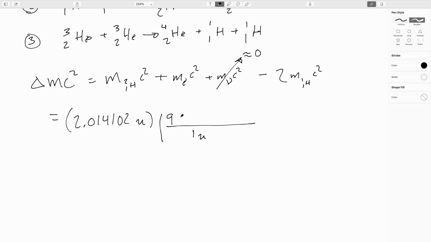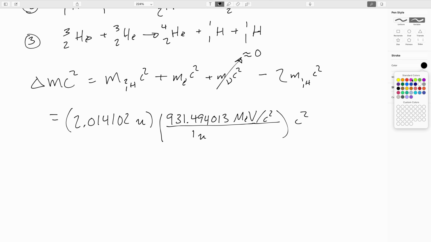An atomic mass unit in MeV over c squared, remember that's a unit of mass that we already saw, is 931.494013 mega electron volts over the speed of light squared. And then we're multiplying the whole thing by the speed of light squared. So the atomic mass units cancel and the c squareds cancel to give me MeVs.